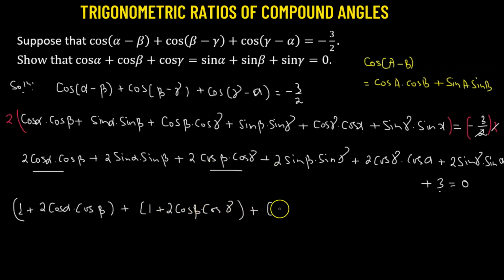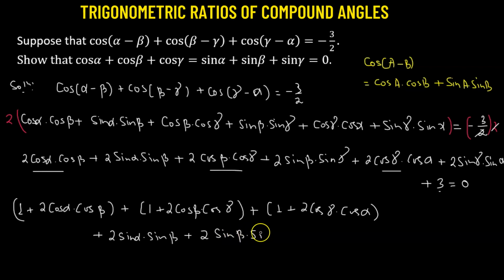And then we'll take the remaining 1 and combine it with 2 times cosine gamma times cosine alpha, plus the remaining terms, which are 2 times sine alpha times sine beta plus 2 times sine beta times sine gamma plus 2 times sine gamma times sine alpha. So that's equal to 0.